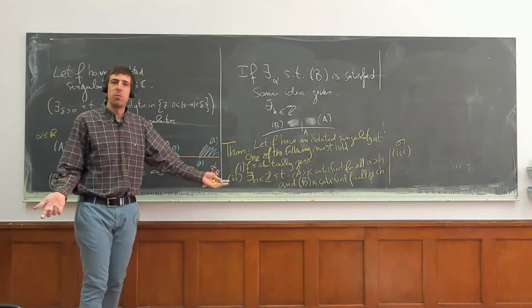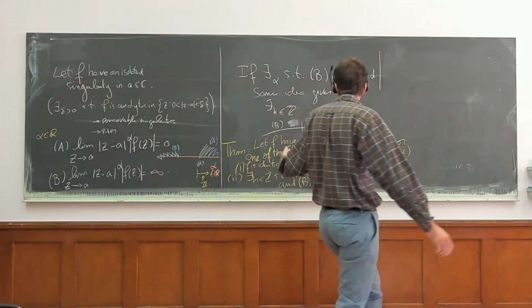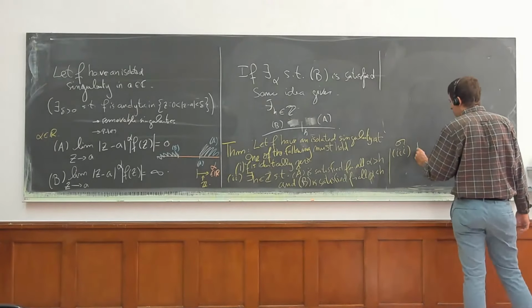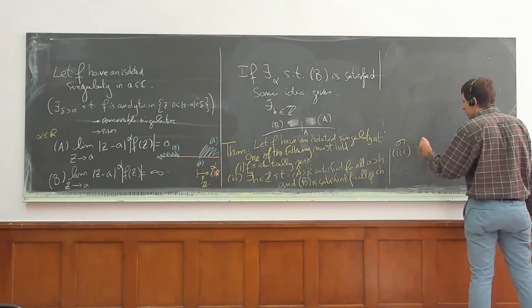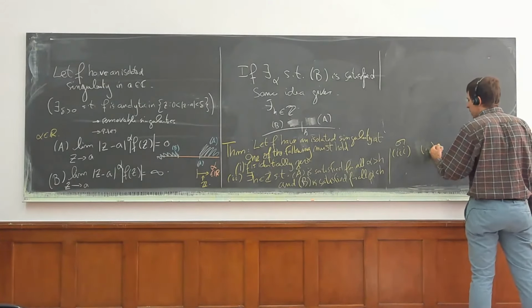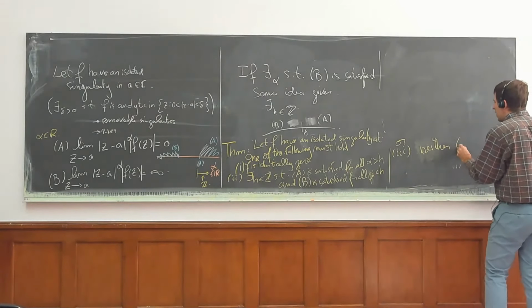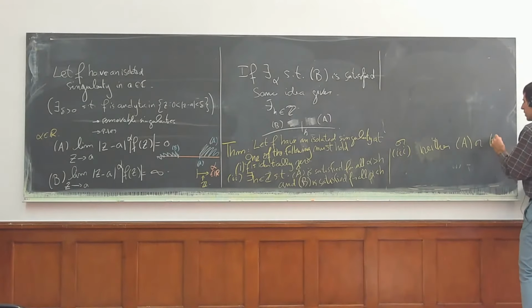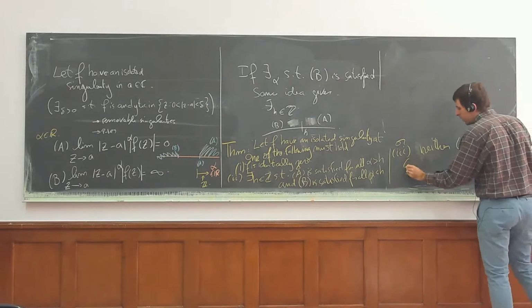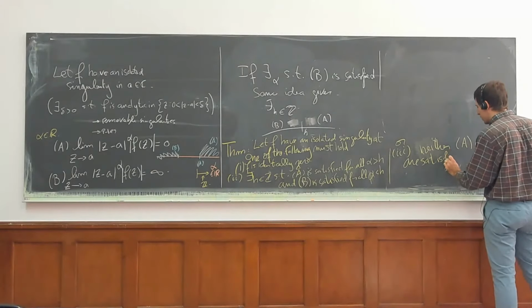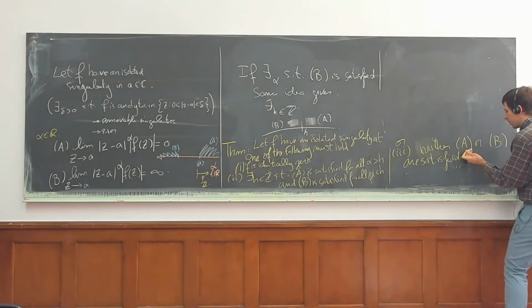So the only option for world number 3 is that f is not identically 0, and neither A nor B is satisfied for any alpha.